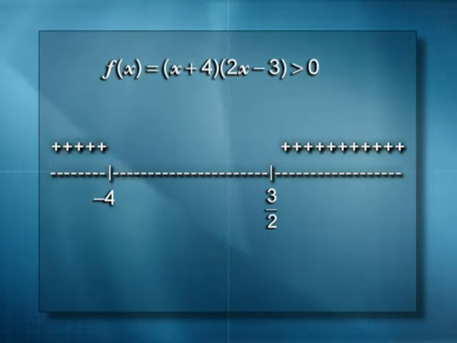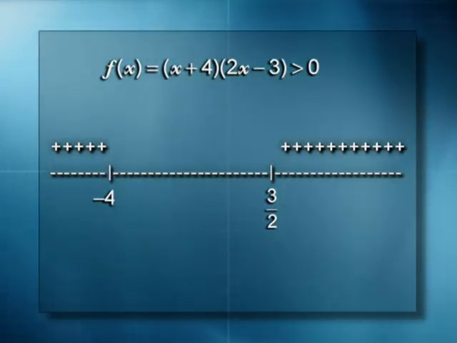What about in between minus 4 and 3/2? Well, I think you see what's going to happen. If you plug in a number in between those two key points, how about if I plug in 0? The first factor, x plus 4, is positive. The second term, 2x minus 3, is negative. Positive times negative is negative. So I put little negative signs between minus 4 and 3/2.